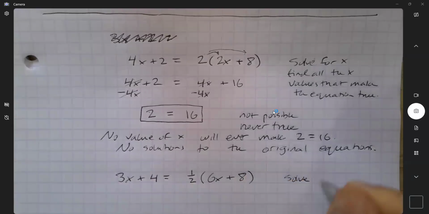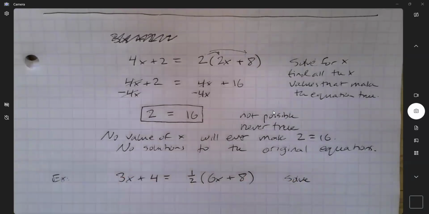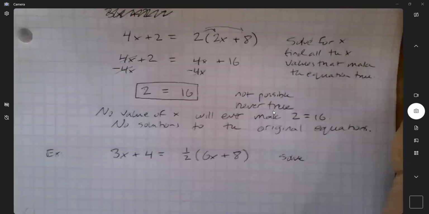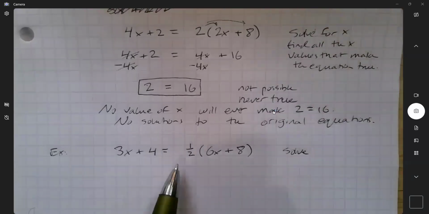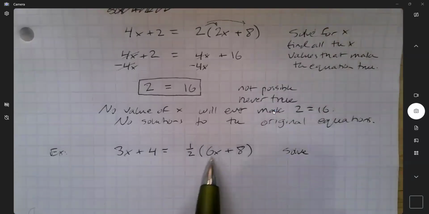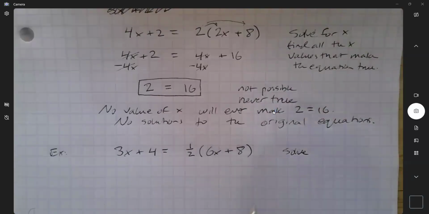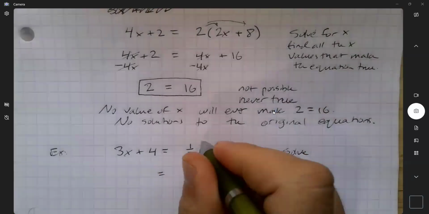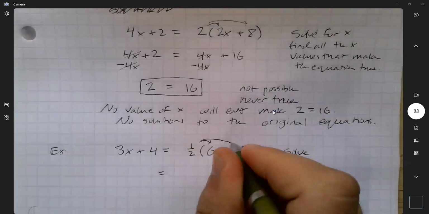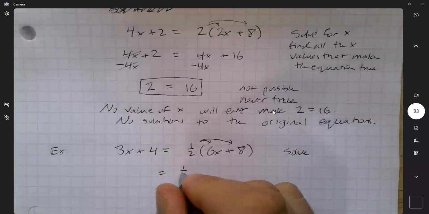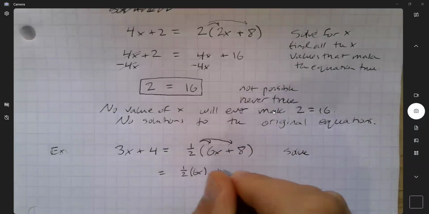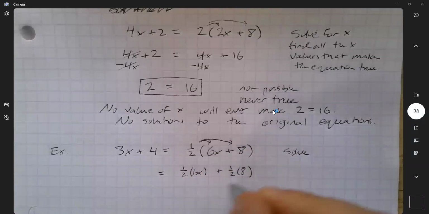And we'll solve this. 3x plus 4 equals 1/2 times 6x plus 8, and I want to get the x's on the same side. So the first thing I'm going to have to do is multiply that 1/2 through. So I get 1/2 times 6x plus 1/2 times 8.